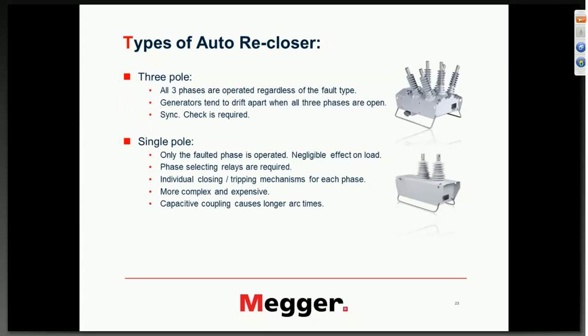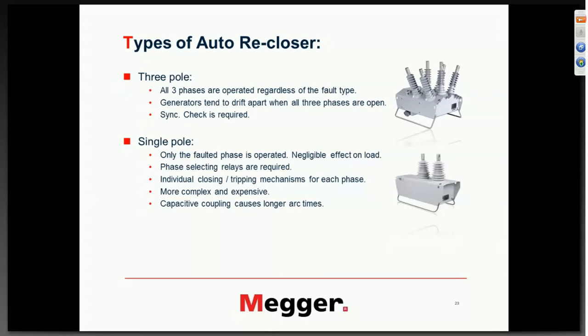So naturally, the effect of discontinuing the load on the generator is usually negligible. But naturally it complicates things a little bit more. So in this case, when you have a single pole auto reclose, you need to make sure that you can select the phases.